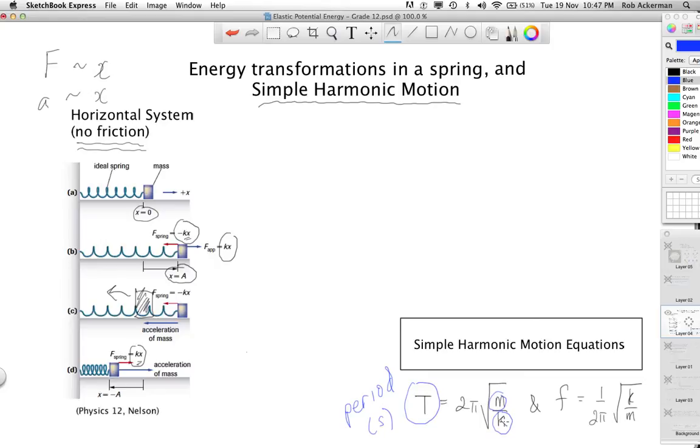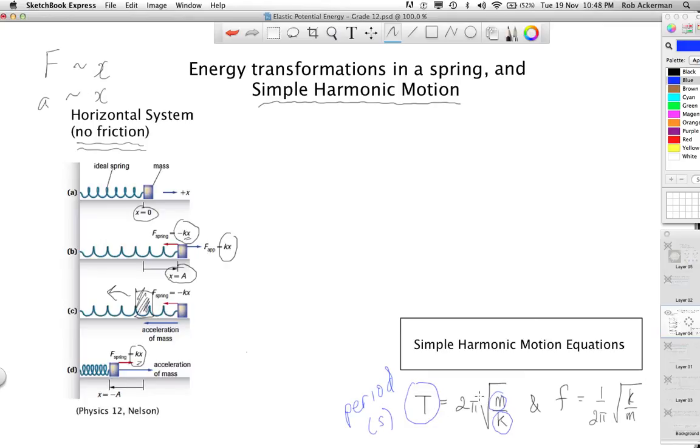Or rather, what about looking at k, the spring constant? What if you had a really, really stiff, strong spring? Then that spring would be able to snap that mass back so quickly that it would oscillate back and forth with a very low period. So by increasing the k value, being in the denominator, you decrease the period, and therefore it takes less time to go through a cycle.